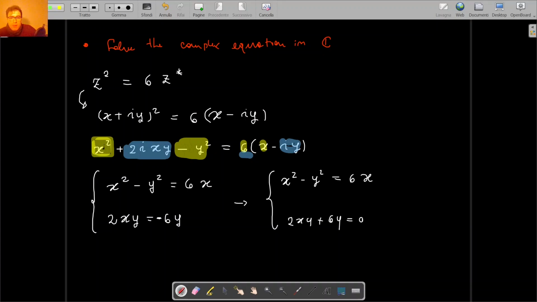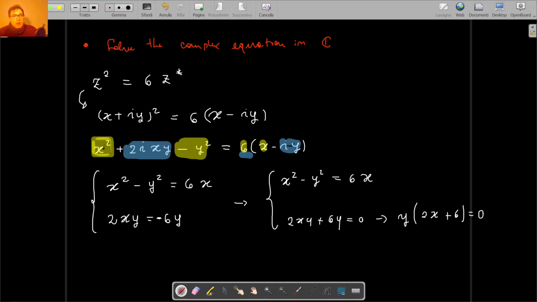And then we can factor out a y, and we can write y, which multiplies 2x plus 6 equal to 0. And then now we can guess our solution by simple inspection of the system.